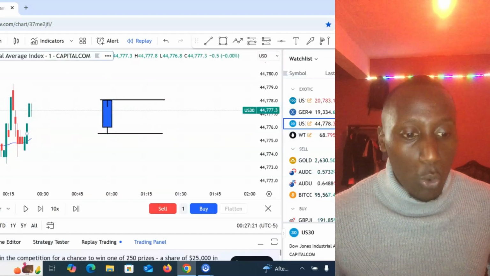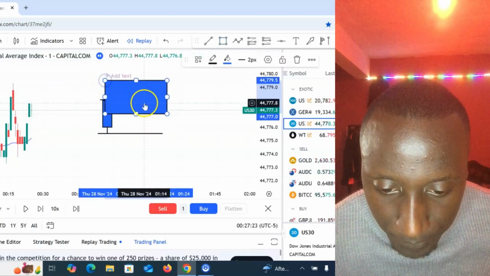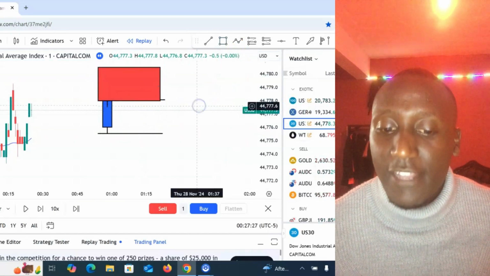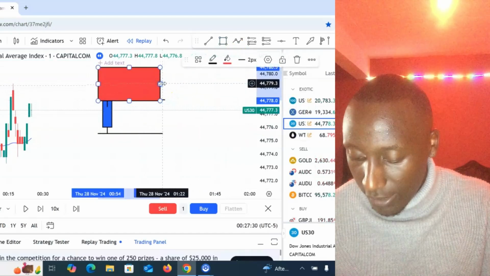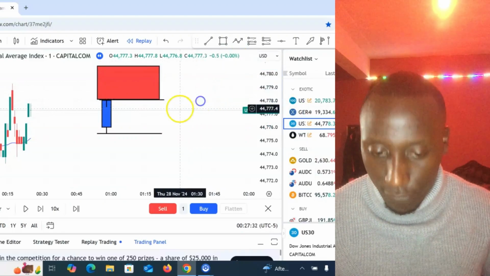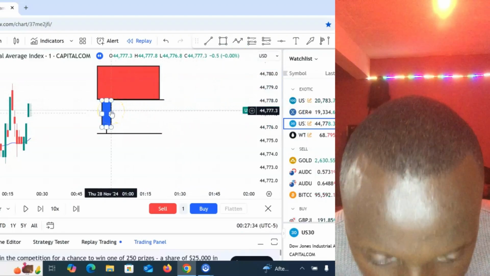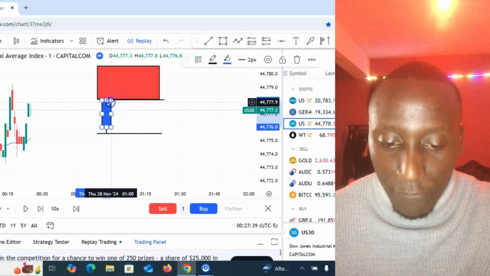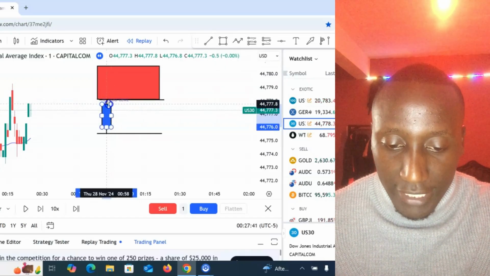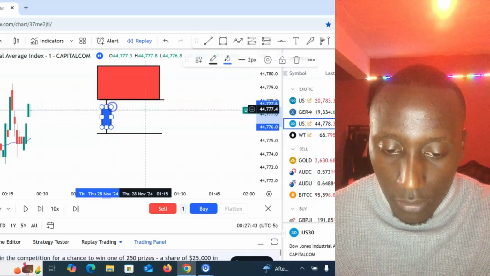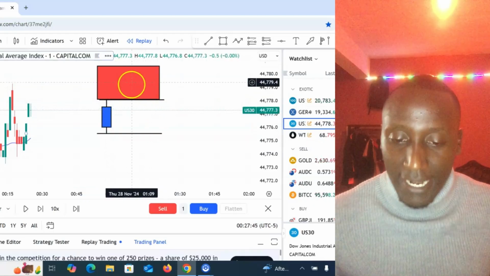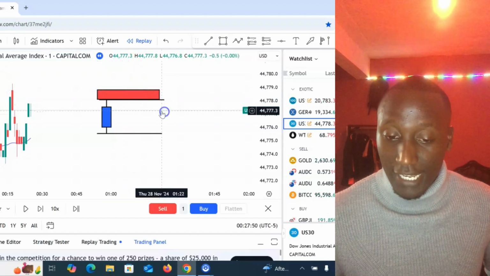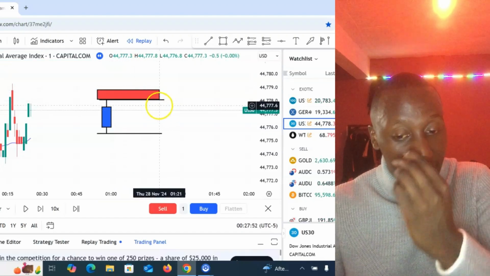But whatever is above here, let's call them the sellers who push the market down, up here, they are so powerful that this candle itself could not continue pushing higher. In fact, it was pushed down. So this is an area where you know you have sellers, and that is because you have that resistance.